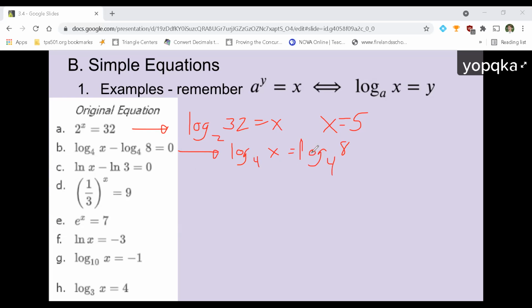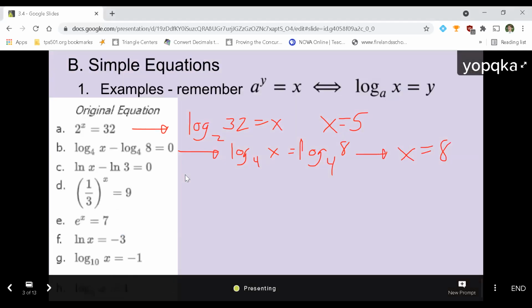And then this equation will only be equal, since they're both logs, they both have a base of 4, if x is 8. Okay, those are two things that you need to know to be able to do this.